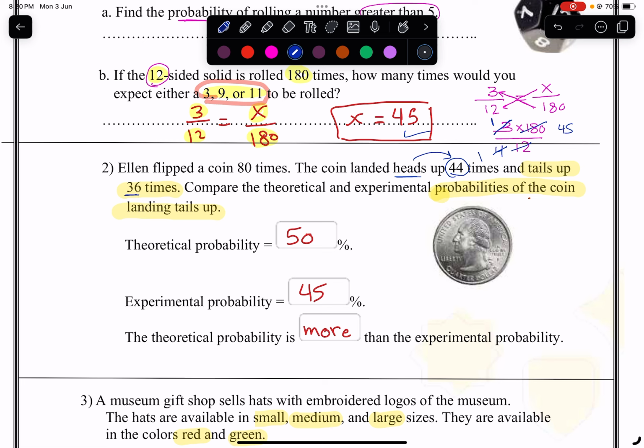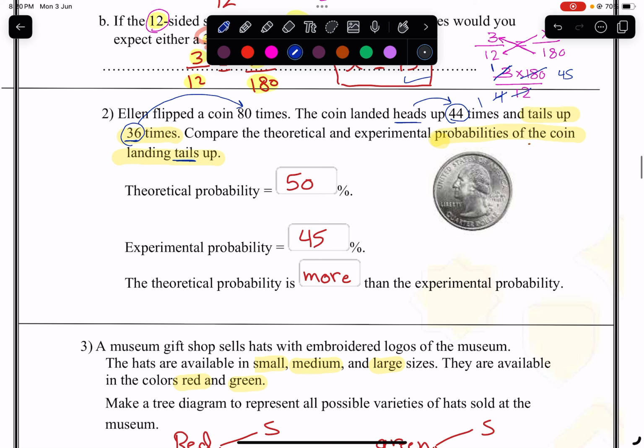Now, I asked you to find the probability that the coin lands tail up. So, how many tails you have? 36. What is the total number you have? 80. So, if I asked you to find experimental probability, that means 36 divided by 80.